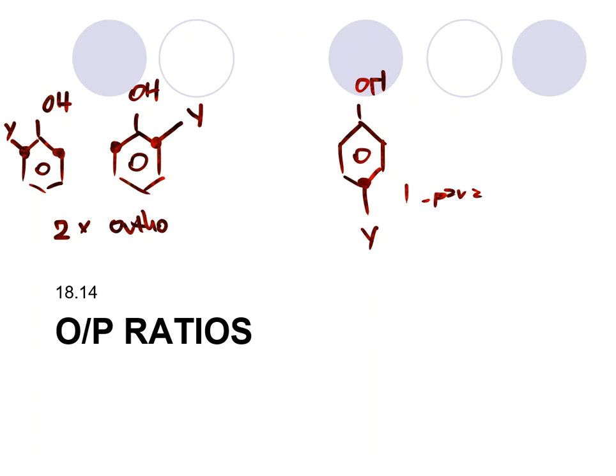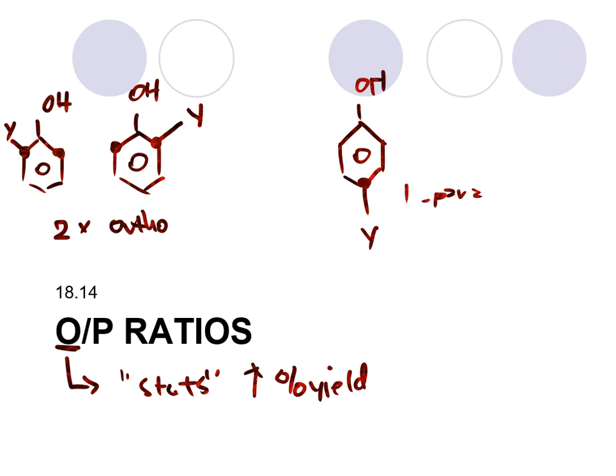So out of these 2 options, what we can say is that ortho has stats on its side. Statistically speaking, ortho groups should be able to form in a higher percent yield. And that's because there's more opportunity for it to form as an ortho group.